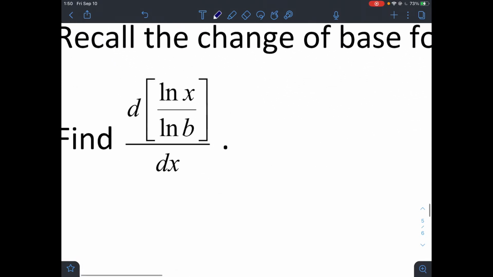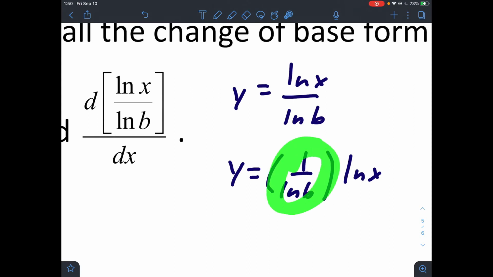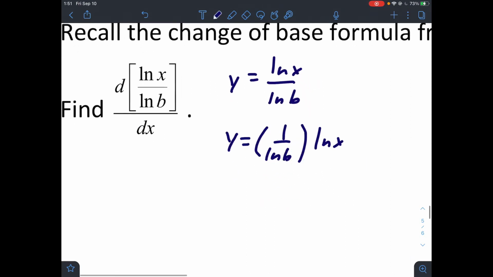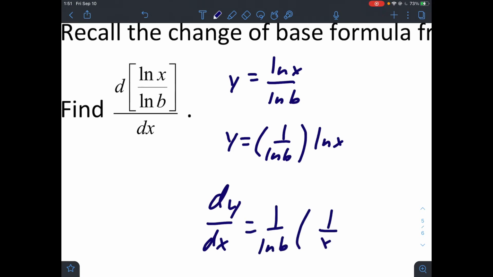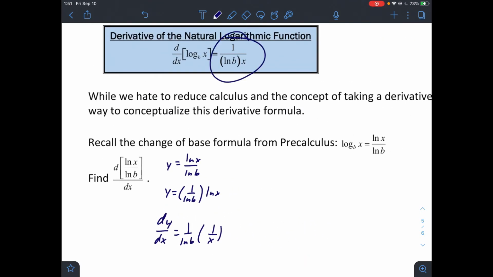So if we're trying to find the derivative of that, we can rewrite that as y equals 1 over natural log b times natural log x, because 1 over natural log b is just a constant. So our derivative then would be 1 over natural log b times 1 over x. And hey, look at that. That's the same thing we came up with there.